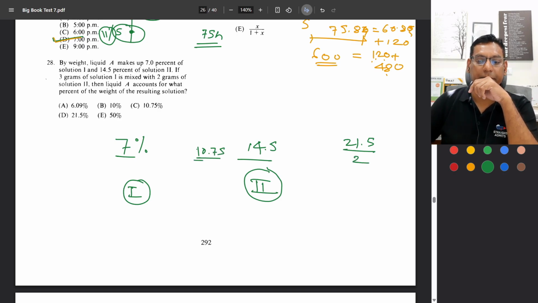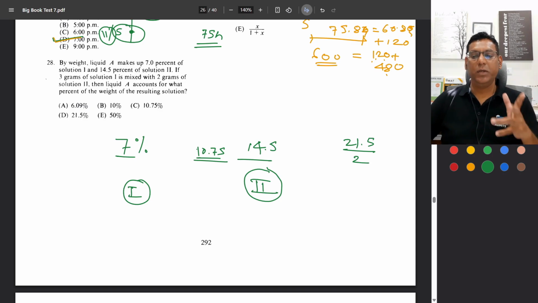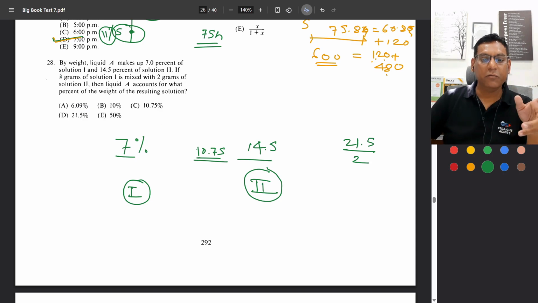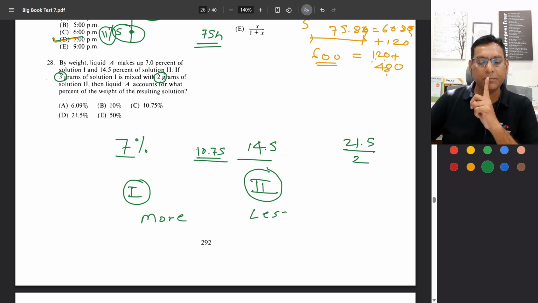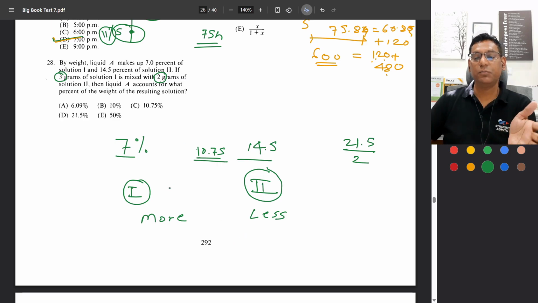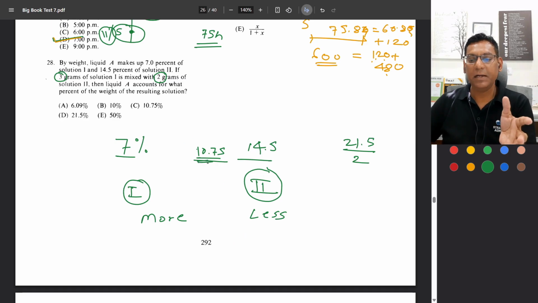10.75. Now look at it this way. Here what am I mixing? I'm mixing more of solution 1 and less of solution 2. So I have more of this and less of this. If both quantities were the same, it would have been 10.75.